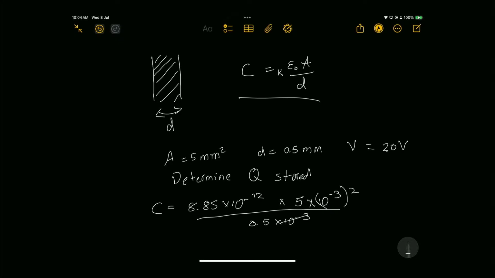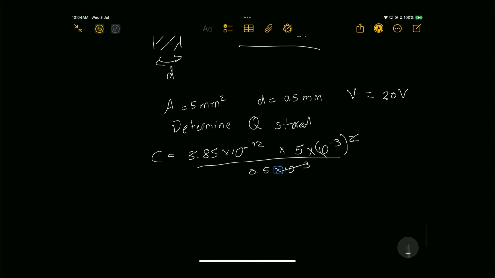So this actually cancels with this. So what we would get is 8.85 times 10 to the minus 14 farads. Right?